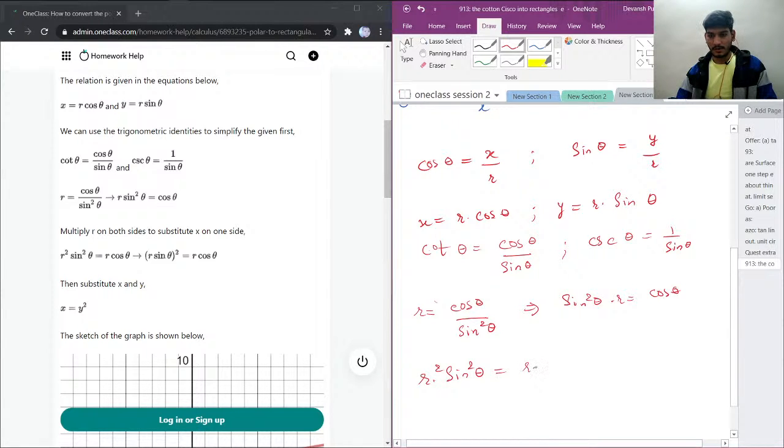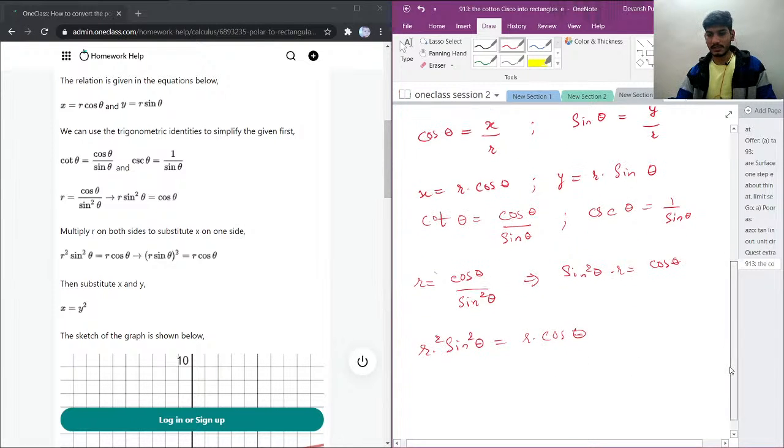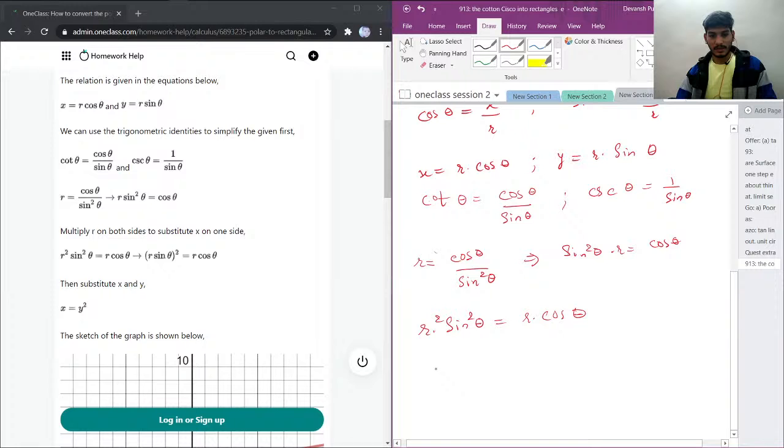Now I can write r sine theta squared equals r cosine theta.